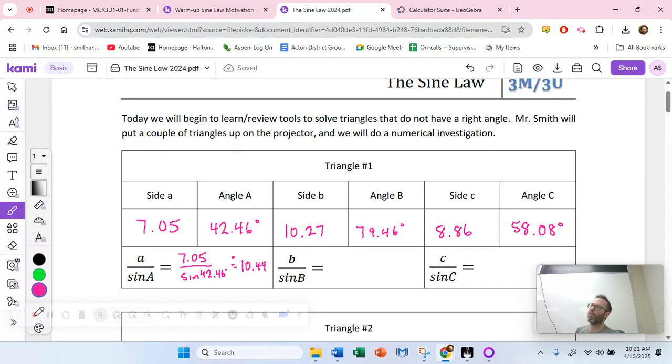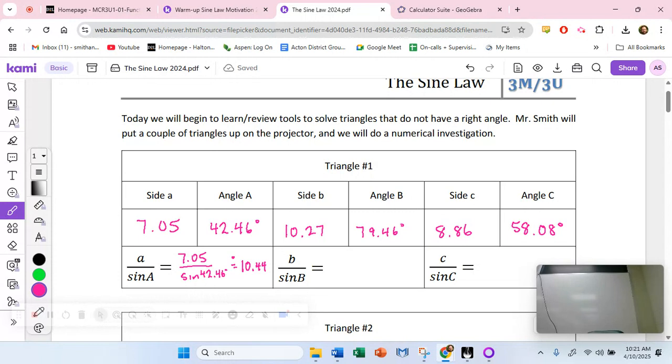Can you guys repeat that for the other two pairs of sides and angles? I'm not going to write this down this time, I'm just going to do the calculation. 10.27 divided by the sine of 79.46.